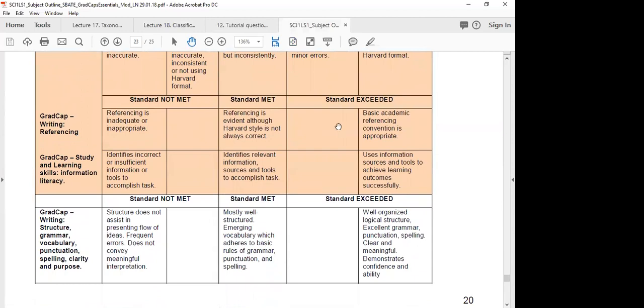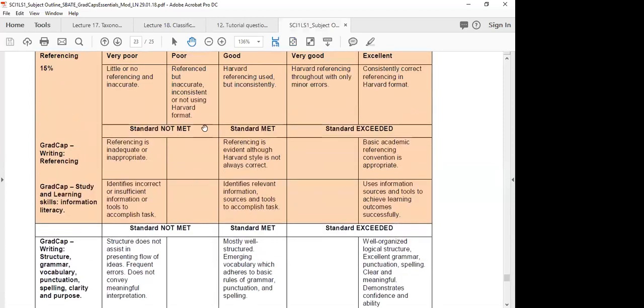The way that they're assessed is that you are given either standard exceeded, standard met, or standard not met. So you're not given a mark as such for the graduate capabilities, but one of these levels is assigned to each one.